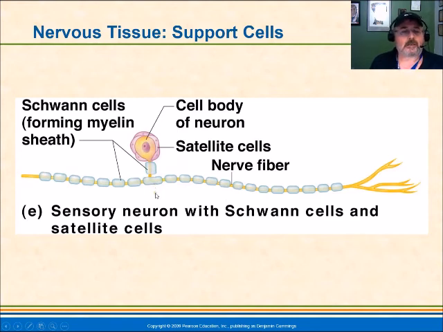But again, not every nerve is covered with Schwann cells. There is a big expense associated with maintaining these. So if we don't need to be able to send a signal really fast, we're not going to put myelin on it.